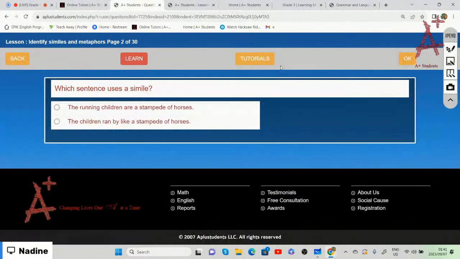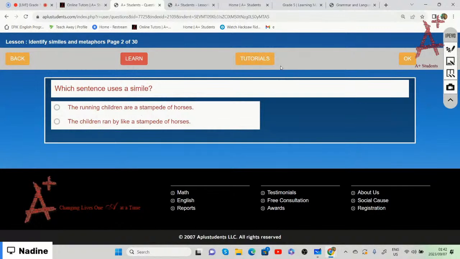The running children are a stampede of horses. So, which is the simile? Is it the running children are a stampede of horses, or the children ran by like a stampede of horses?